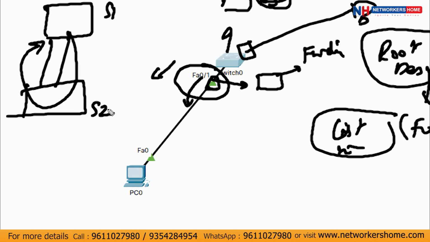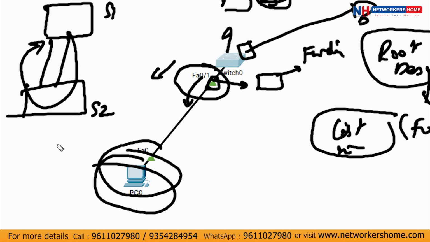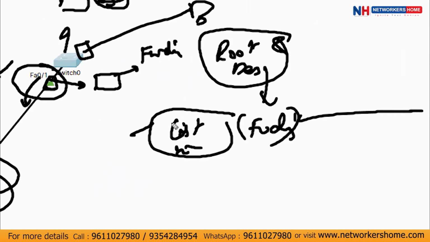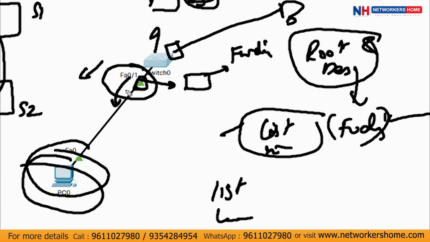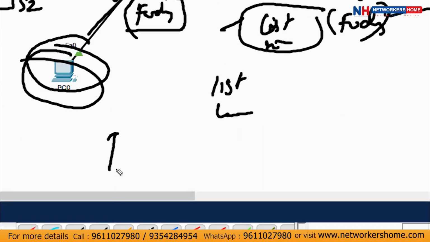If you have multiple paths from one switch to another switch, there is a chance of loop occurrence. But in this case, we are not connecting a switch. We are connecting an end device here. So the chance of a loop is 0, right? So it doesn't need to go to listening state, learning state, and so on. When you connect it, at the same instant it can become forwarding state. Okay, so there is a configuration called port fast.